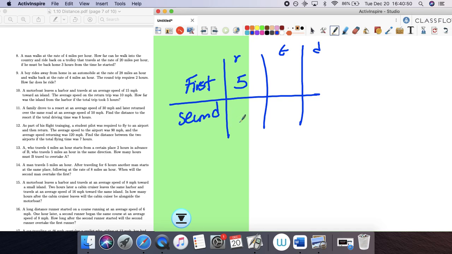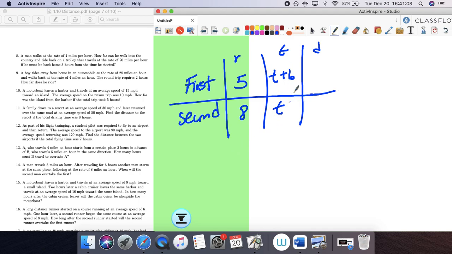After he travels for 6 hours, the second guy starts, so the first guy is traveling t plus 6. The second guy travels at 8 miles an hour for t hours. When will the second man overtake the first?